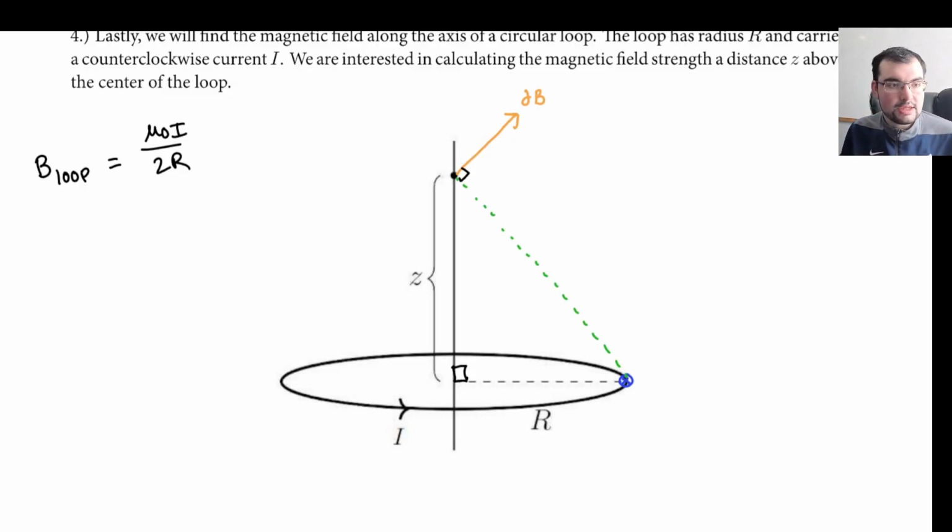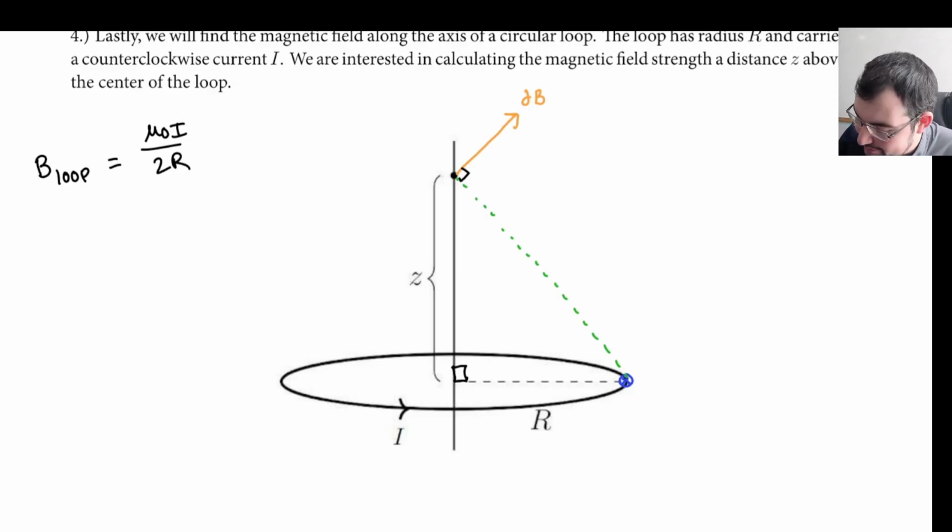So this is the one case of Biot-Savart that actually requires components. Because if I sweep my thumb all the way around, mocking that current flow, my thumb always sticks somewhat up, but all of the other parts cancel. So the parts in the plane of the ring are going to cancel.